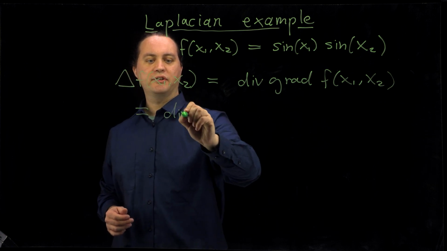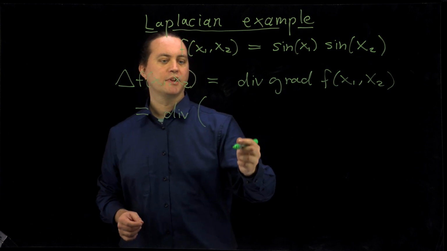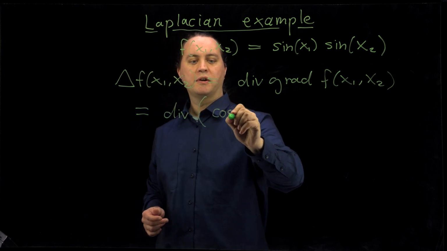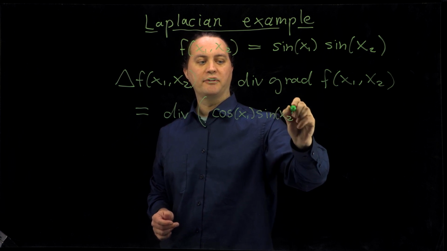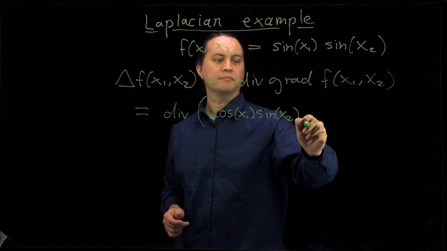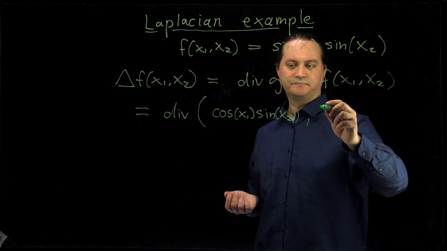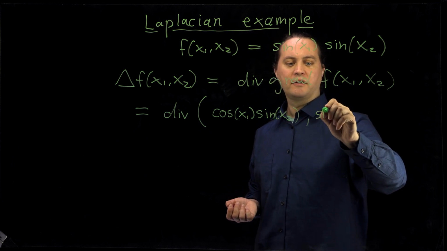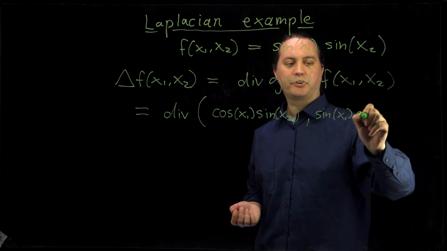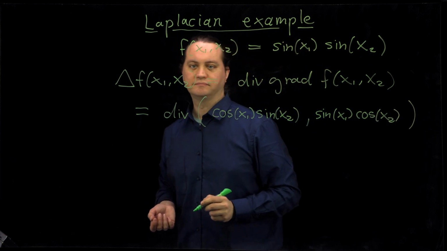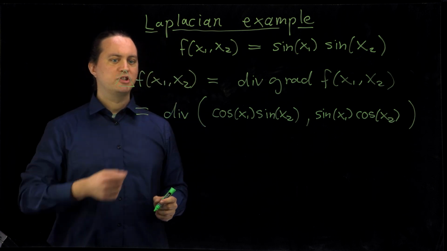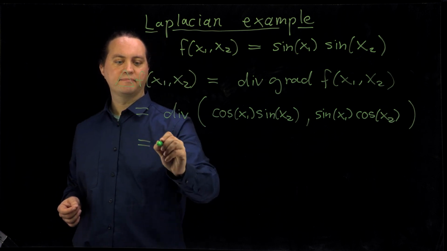So we have the divergence of, of course, cosine x1 times sine of x2 as the first component, and we've got sine of x1 times cosine of x2 in the second component. And now we just compute the divergence of that.